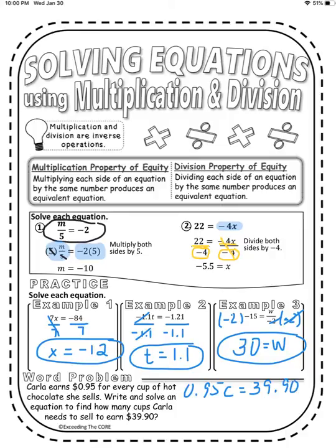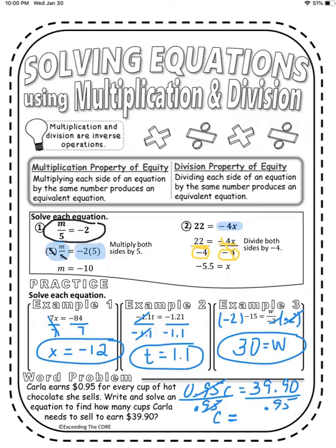has to equal $39.90. Okay? The opposite of multiplying C by 95 cents is dividing by 95 cents, and dividing this side by 0.95. Sorry, I'm running out of room here. Okay. Now the 0.95's on the left side cancel out, and C equals, then we do our division problem.